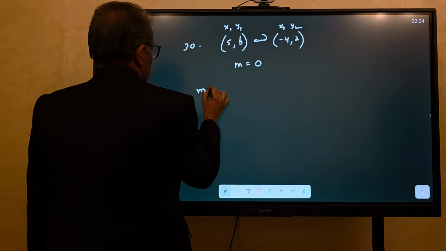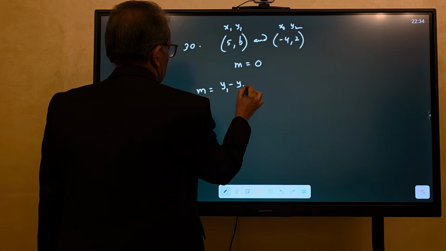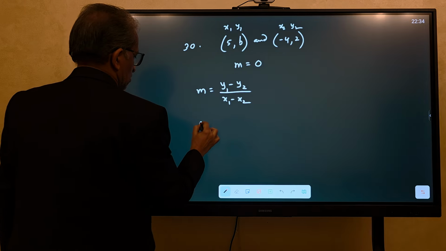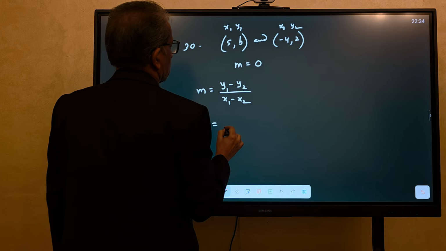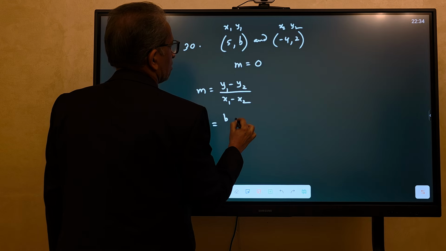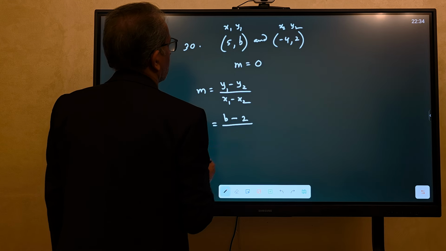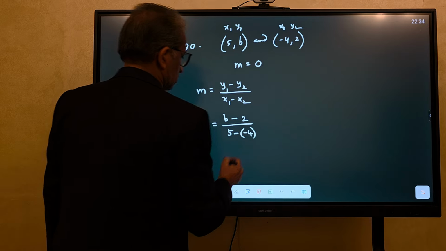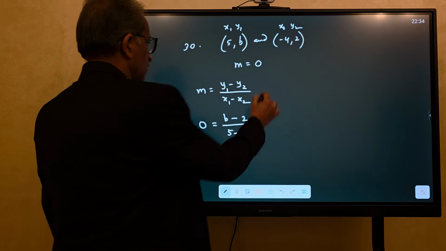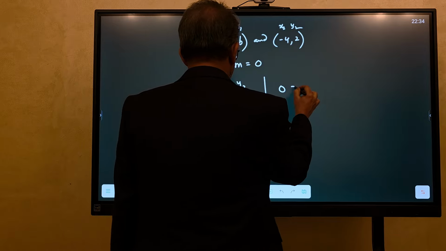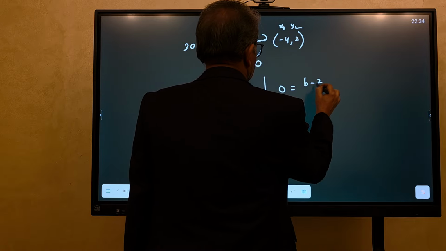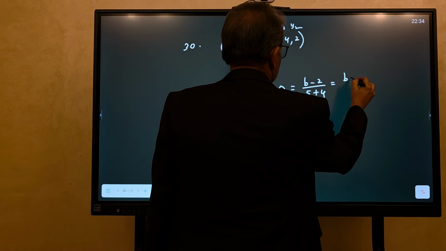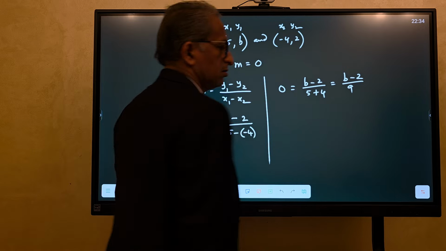I put the values in this formula. m is 0, right? y1 minus y2, y1 means b minus 2, over 5 minus of minus 4. Solving this, 0 equals b minus 2 divided by 5 plus 4, that is b minus 2 by 9.